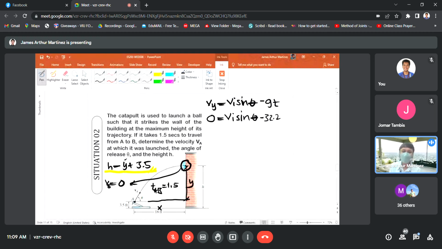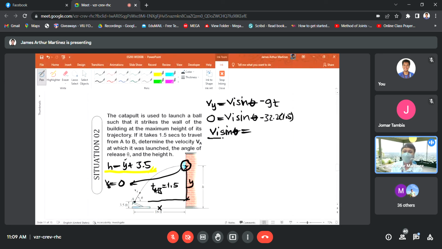times t. The time is given. Now, since our final velocity is 0, we can express the initial velocity of the y component, Vi sine theta, by transferring 32.2 times 1.5 to the left side of the equation.